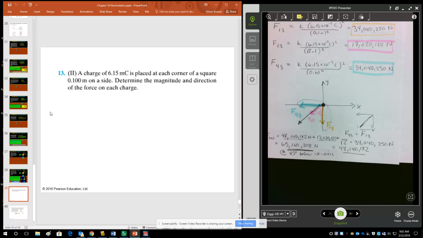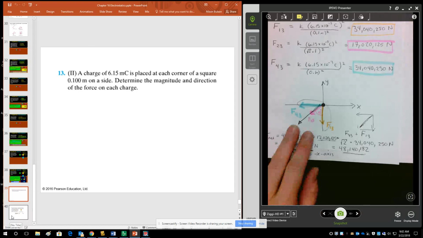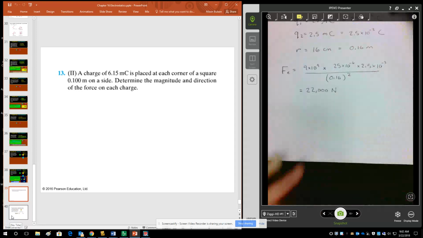Done. That was pretty complicated because once we have to deal with the direction, vector addition gets complicated.